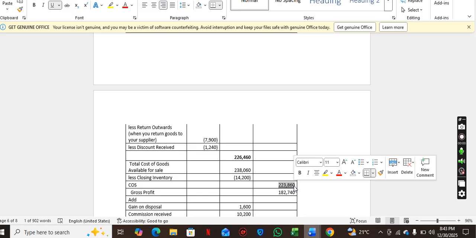So sir, a question. When you subtract the total cost of the goods available for sale minus the closing inventory, you put it on the column for grand total.